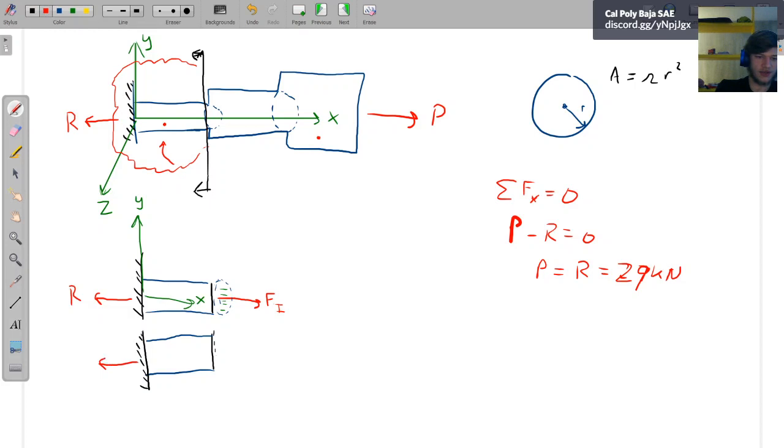This reaction is reacting to a stress pulling in this direction, acting over the whole area. Right? So we'll say this is our stress. So if we take this further, now we know the stress applied on this face.